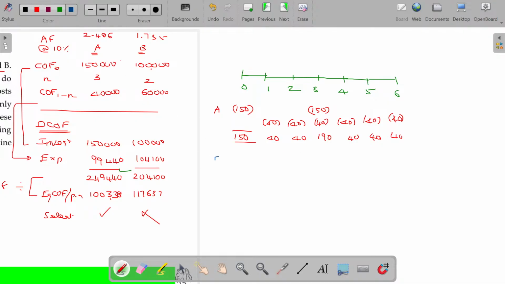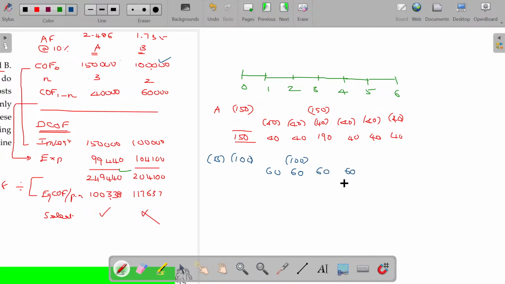In case of B, in the very first year I spent 100 rupees. Thereafter, I spent 60 by the first year end and second year end. Then it becomes waste, so I had to purchase one more asset by the end of the second year. For that, I spent 60 for 2 years.